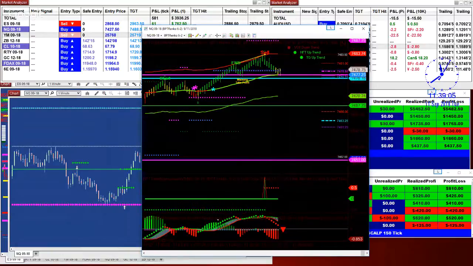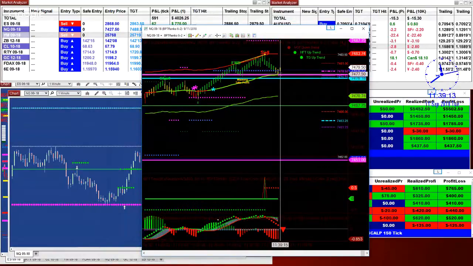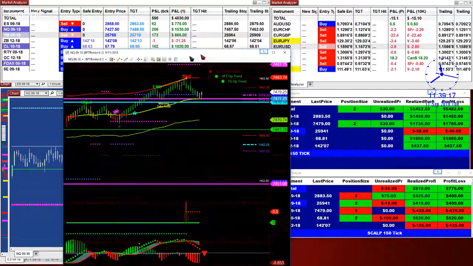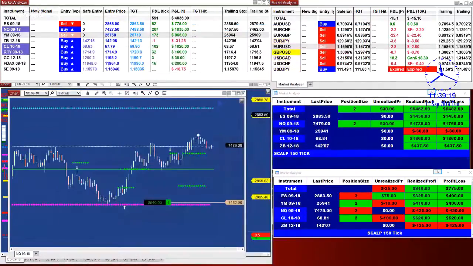This is where most of the traders start losing money on the Nasdaq, whether you are automated or manual trading for the last 15 minutes. You will never be able to make money whether you are auto trading or manual trading on the Nasdaq right now.